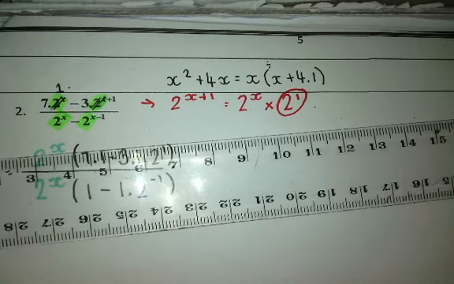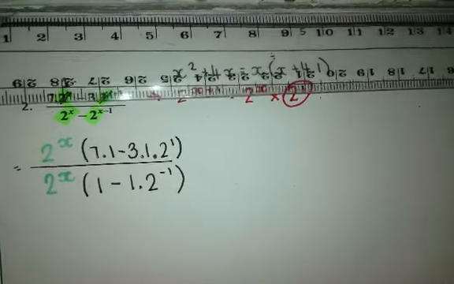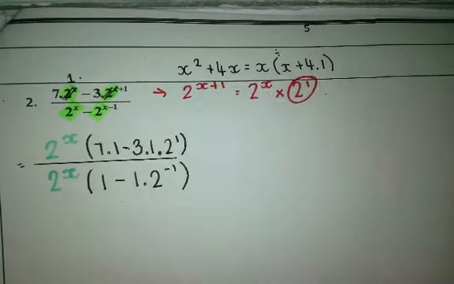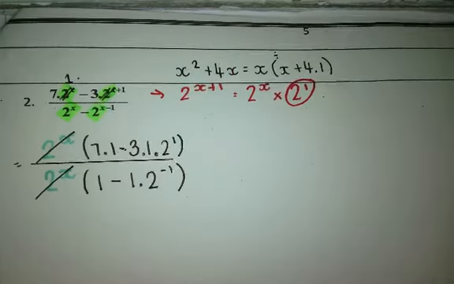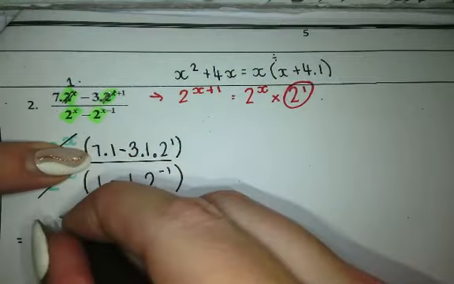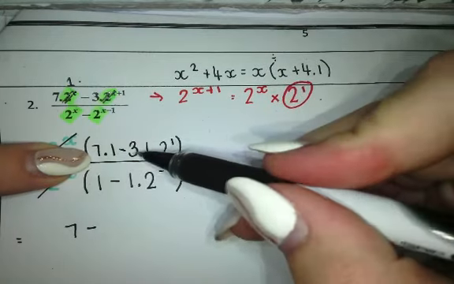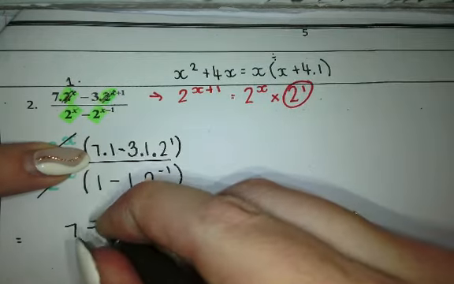It's also the same with the bottom. Okay, what can we now cancel? Okay, the 2 to the power of x. So that's gone and that's gone. We are left with, what is 7 times 1? 7. Okay, so it's 7 minus 3 times 1 times 2 is 6.